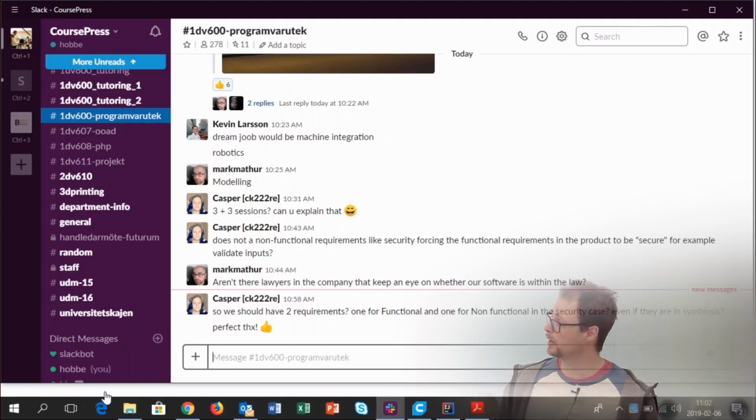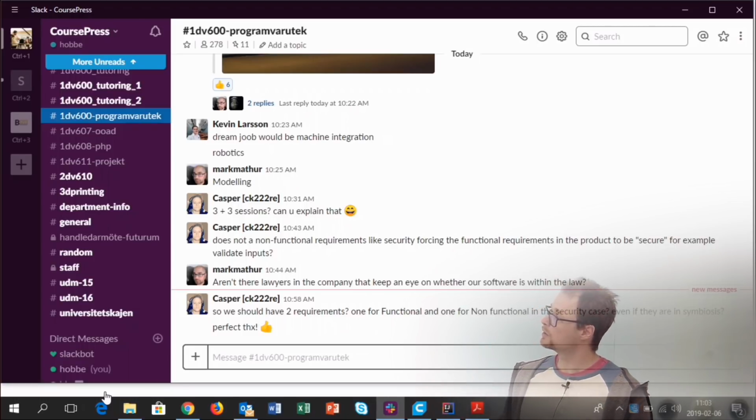And they affect each other, and especially these non-functional requirements. They have a tendency to affect every functional requirement. So if you say, well, we should validate all input, that will probably affect many of the functional requirements. If you say we should have some form of usability feature, that may affect many of the functional requirements.